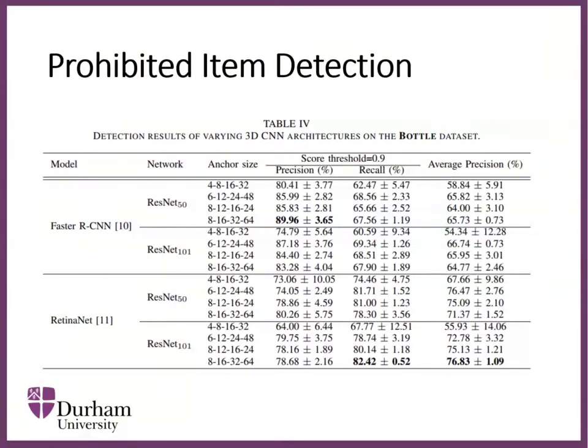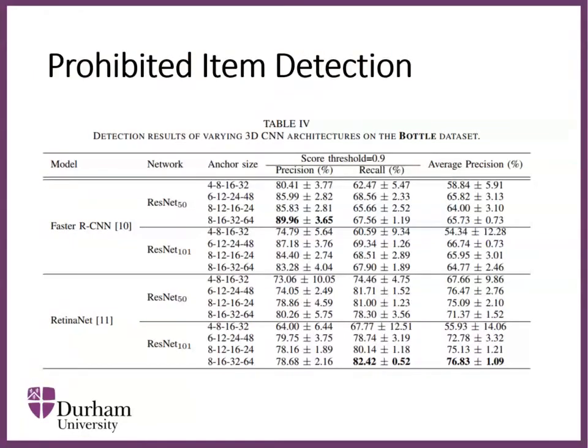For detection, we investigated 2 object detection frameworks, Faster RCNN and RetinaNet, with 2 backbones, ResNet 50 and ResNet 101. We tried different settings and reported precision, recall, and average precision.